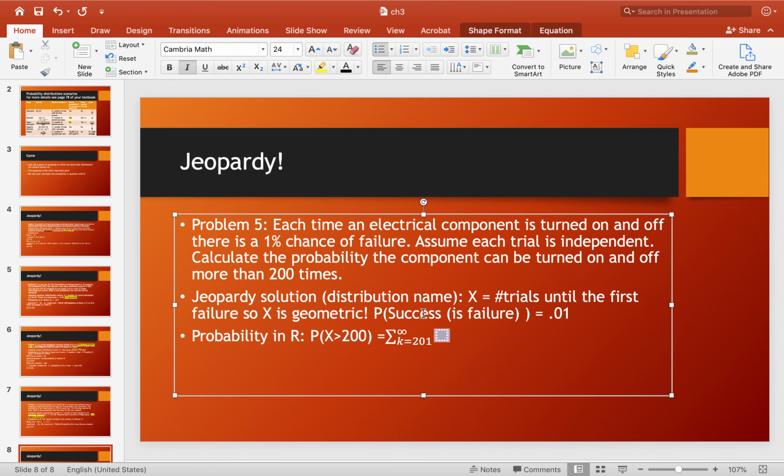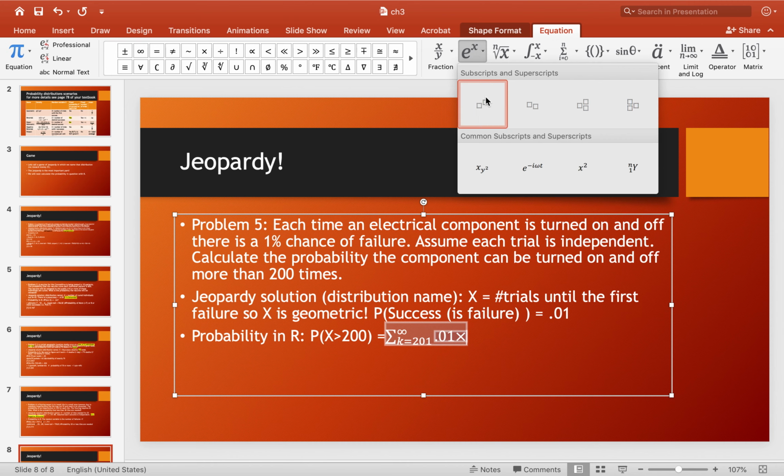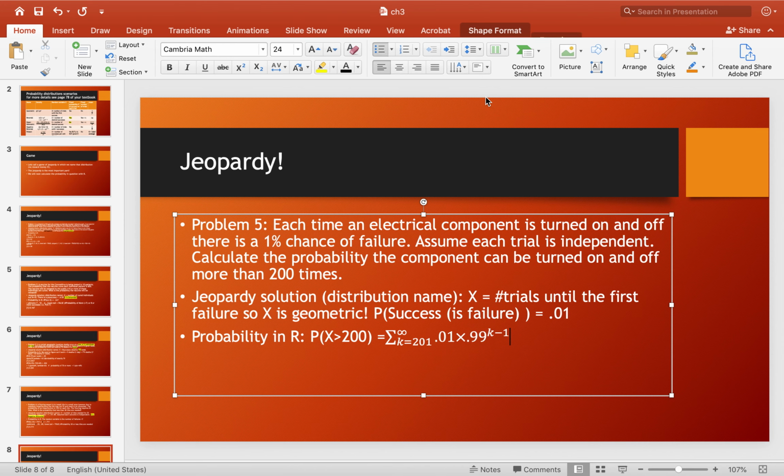And that's going to be 1, 0.01, then times 0.99 to the k minus 1. And this has a nice little name to it. This is a geometric series.